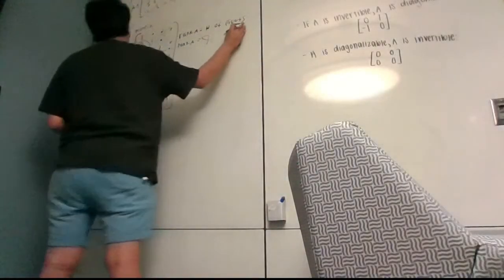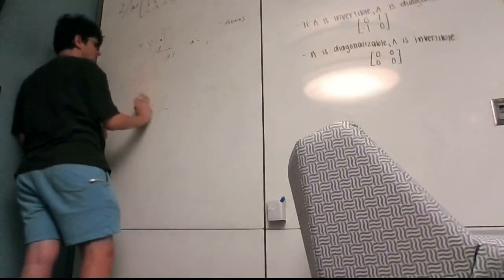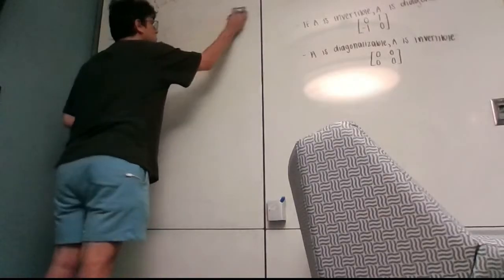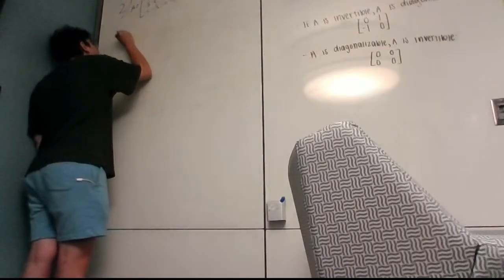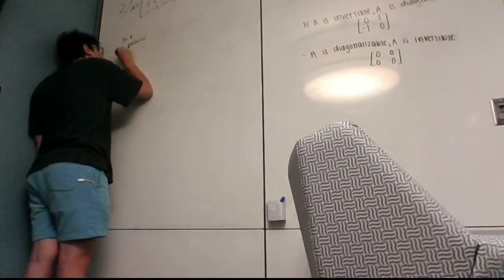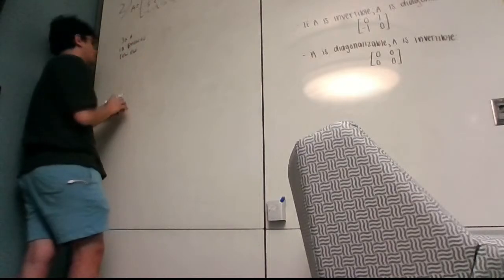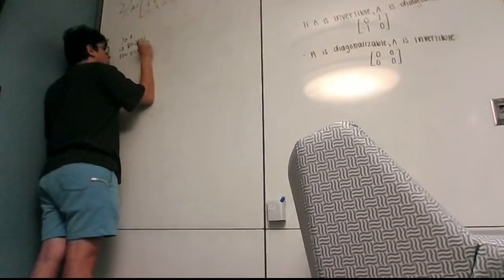Okay, you know what, I wasted my time. We're dragging this too much. What is more important is the 3x4 and reduced row echelon form.